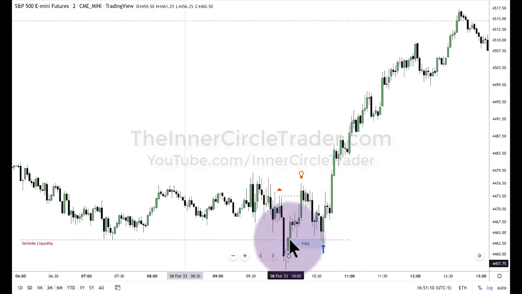OICT. Fair value gap. Trade down into it there. That's a long for S&P. But I don't want to trade the S&P, so I'm going to use the timing of that candle for my long entry on NASDAQ. Trading what's not in the chart. Hint, hint. Nudge, nudge.